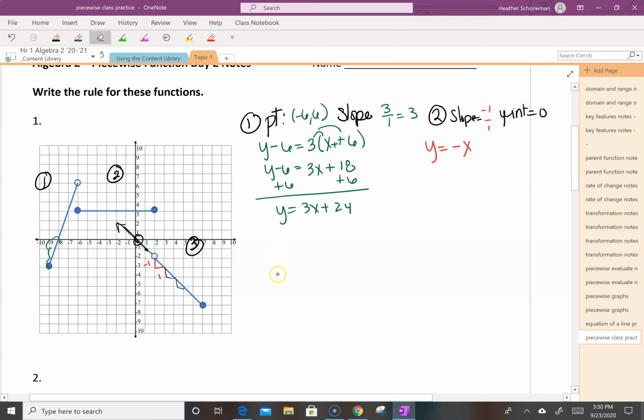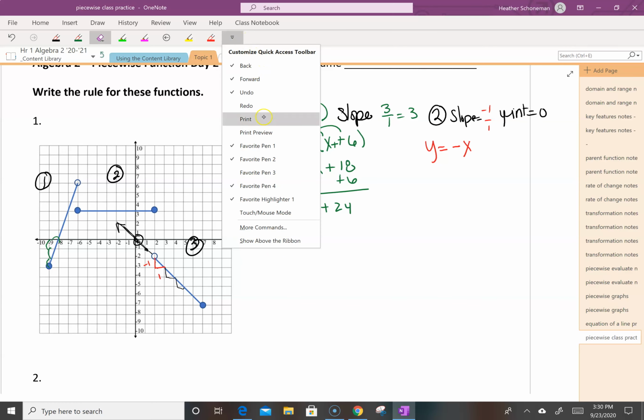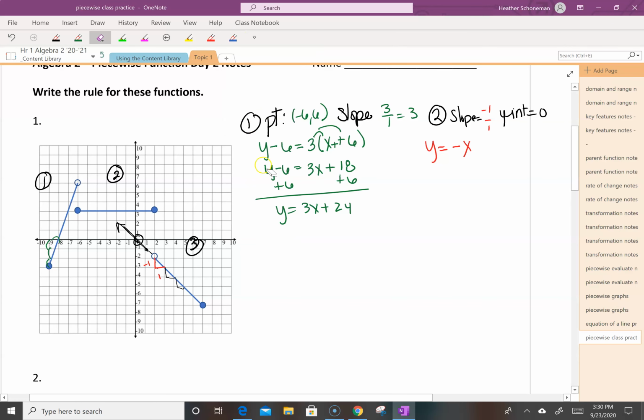So we're going to have f of x equals, funky bracket, equation 1 has to go first because you got to go left to right. Equation 1, 3x plus 24, comma, if, now I need my domain, negative 9 to negative 6.